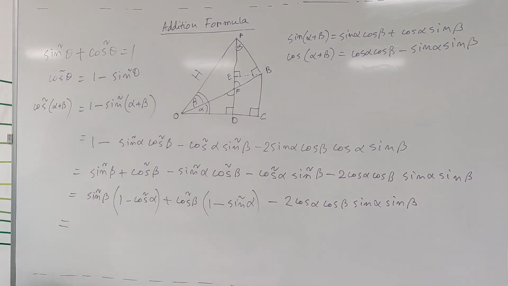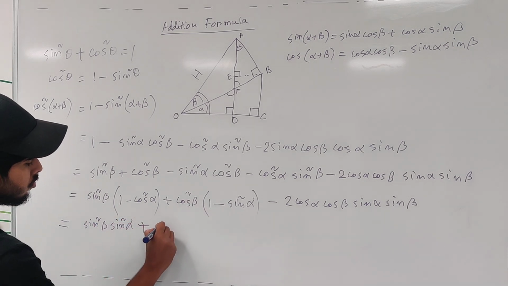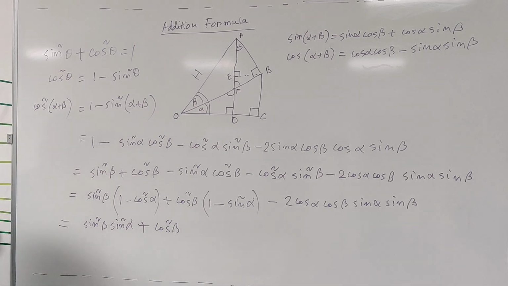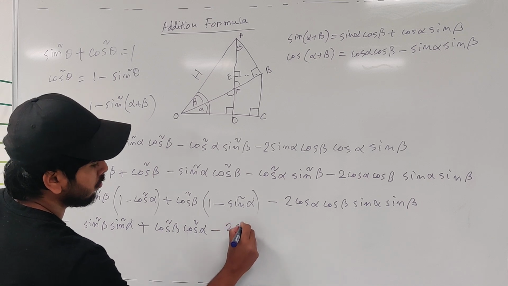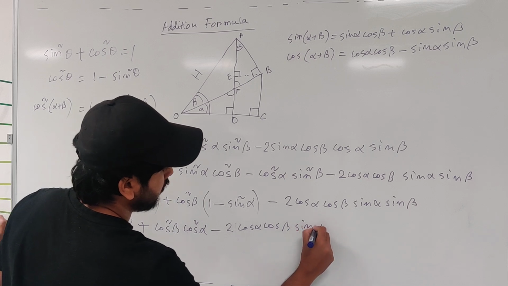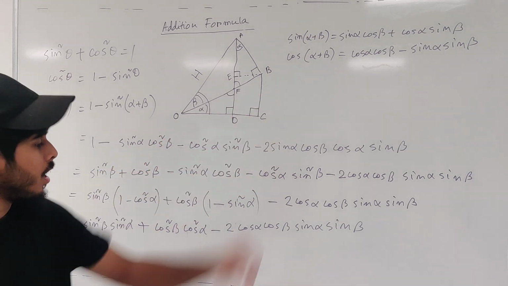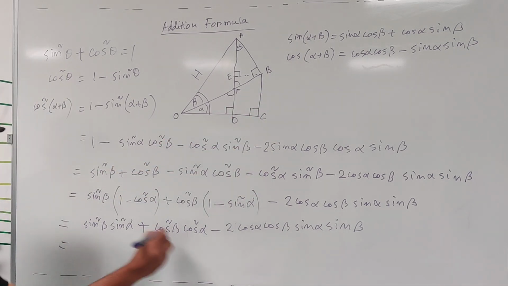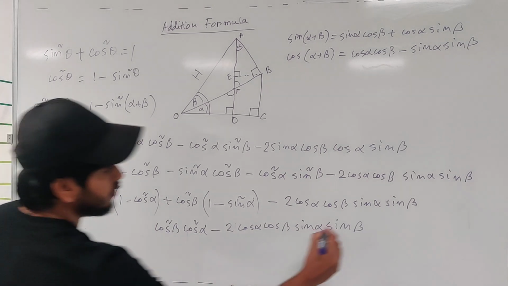Using the identity, that is sine square alpha. So sine square beta sine square alpha plus cos square beta times, what is 1 minus sine square alpha? Cos square alpha, minus 2 cos alpha cos beta sine alpha sine beta. Now to put things in a comparable fashion, I'll write sine square alpha sine square beta after this guy.